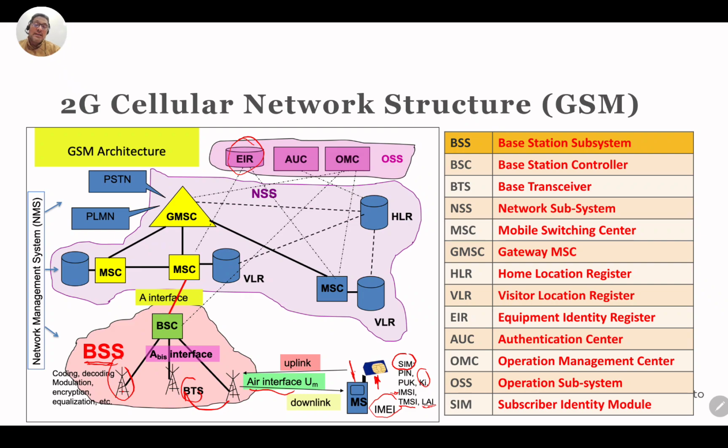Actually, if the mobile is using a completely different protocol, it will not be able to communicate anyway with the GSM network. But if your mobile, for example, is stolen, at least theoretically, it is possible to update in the EIR that this mobile is stolen, and then it will be banned from entering the network.